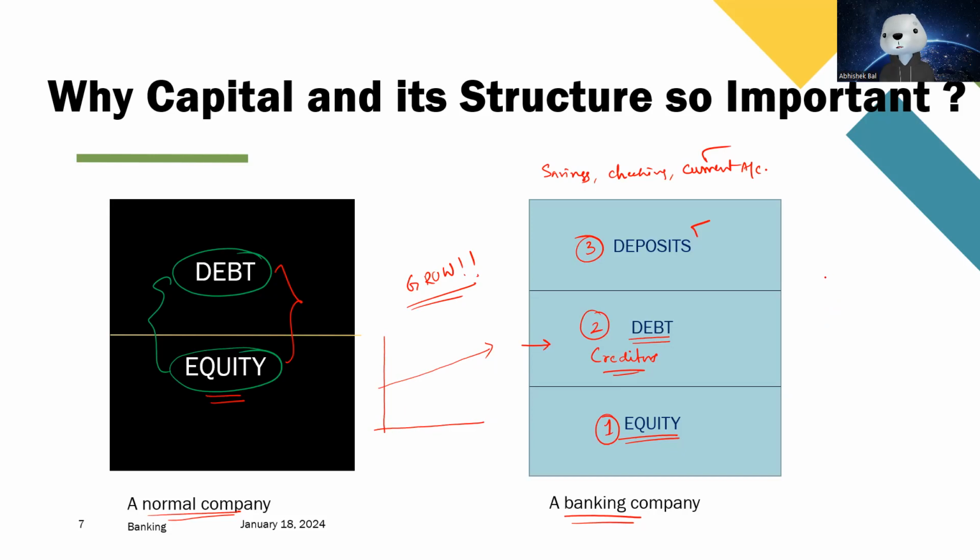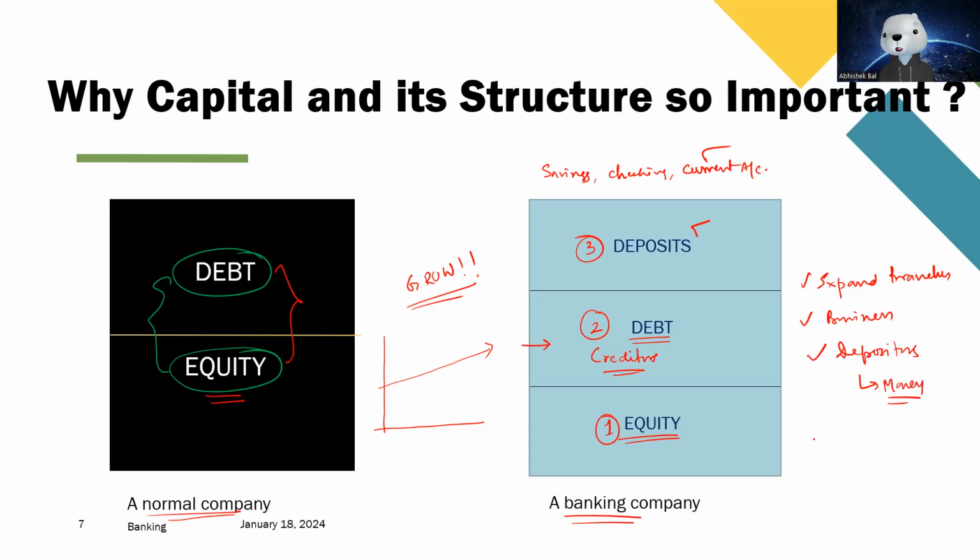So that means that they would expand as far as their branches are concerned. Since they're expanding their branches, that would account for more business. More business would mean more depositors. More depositors would mean more money.